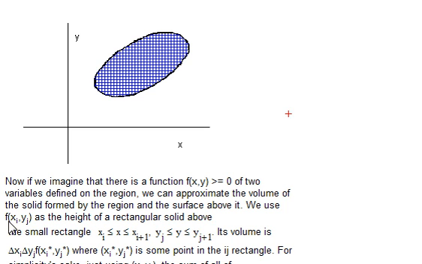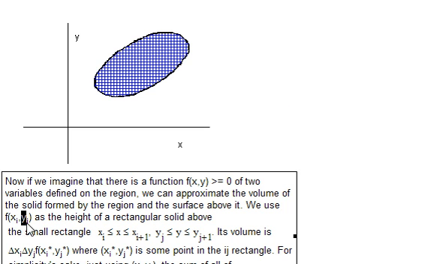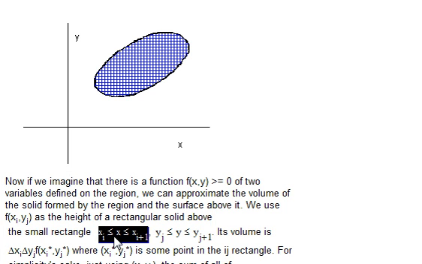So we use f of x sub i, y sub j as the height of the rectangular solid above the small rectangle where x is between x_i and x_{i+1}, and y is between y_j and y_{j+1}. In other words, maybe this box right here, or this little square, actually it's a rectangle, and the function is somewhere above that.